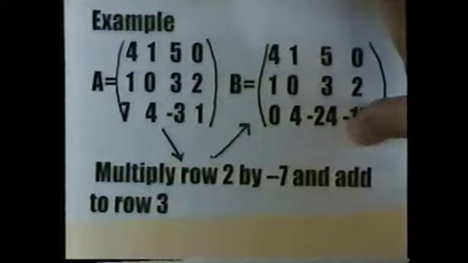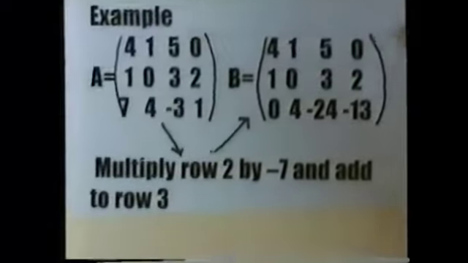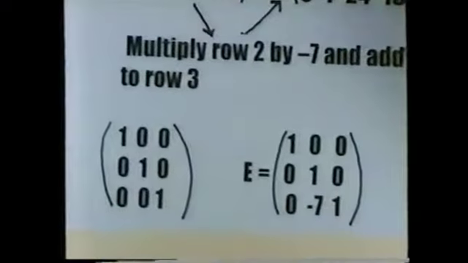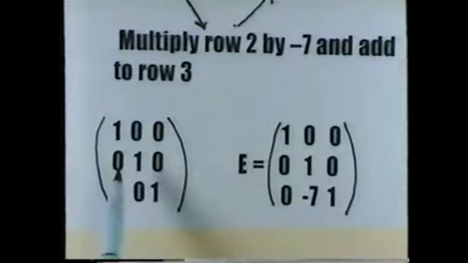Now I'm going to do that same operation to the identity and get an elementary matrix. So I'm going to start with the identity matrix, [1, 0, 0; 0, 1, 0; 0, 0, 1], and I'm going to multiply row 2 by negative 7 and add to row 3.